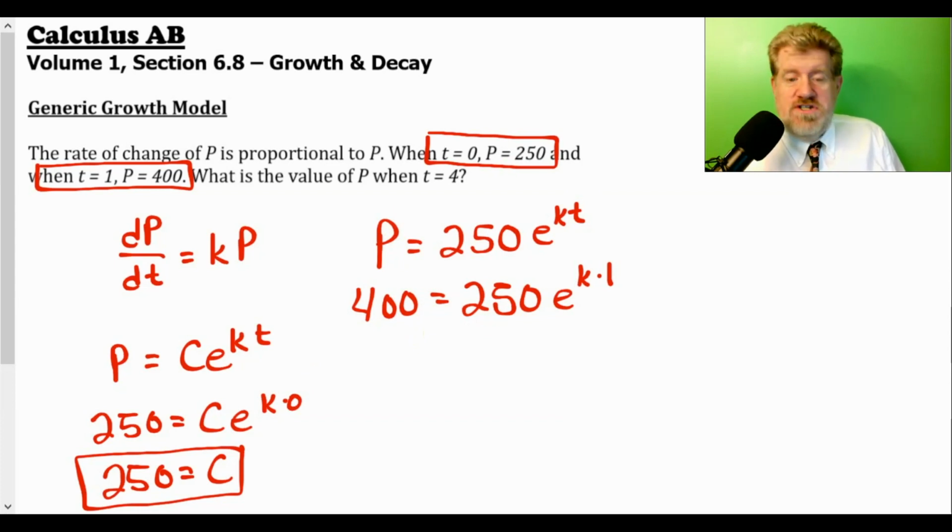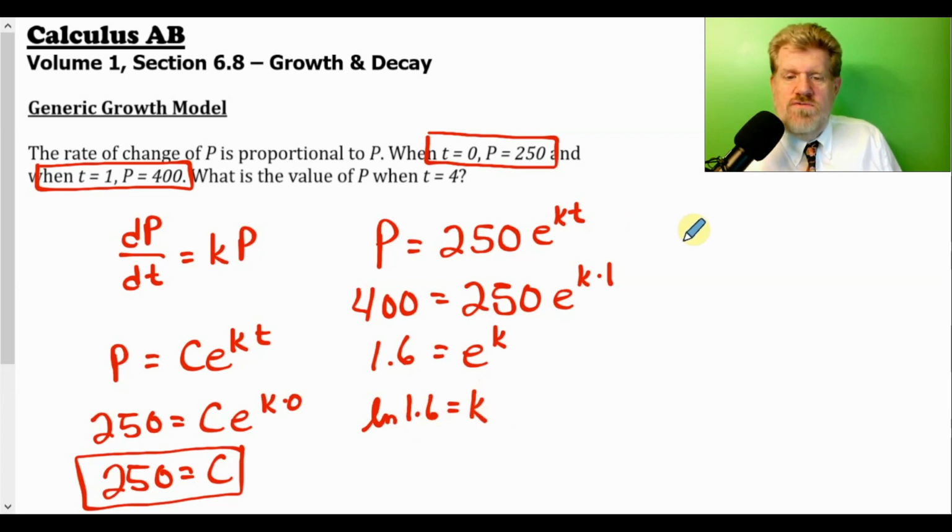I did all my calculations ahead of time, so I wouldn't waste your time with the calculations. e to the k equals 1.6, and to solve for k, we do the inverse of e, which is natural log. So k is the natural log of 1.6.